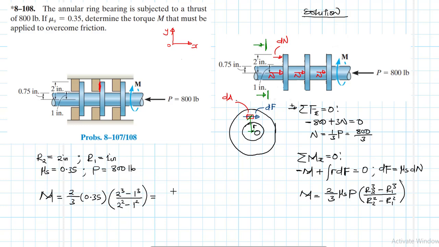And if you work out this problem, you find 435.5, rounding off to 435.56 pounds-inch. So our moment is equal to 435.56 pounds-inch. So this is about it.